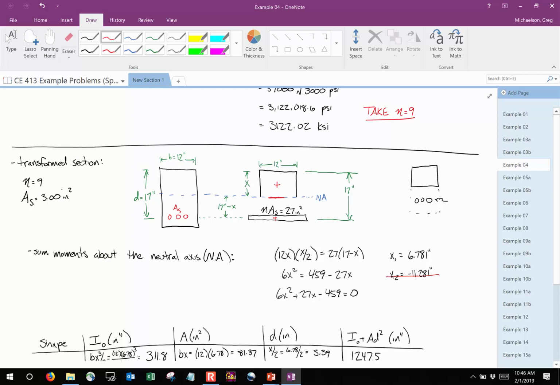So this is 17 minus x. That's that distance. Technically the steel portion doesn't really have dimensions. It's just a singular lumped value right there. All right, everybody okay with this? No. Okay, good. What about everybody else?